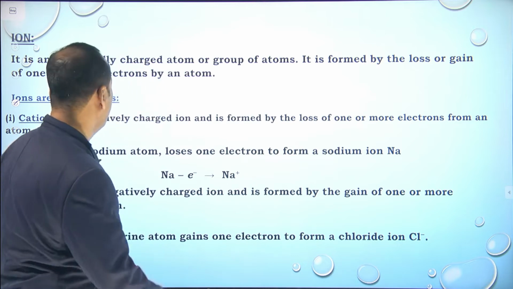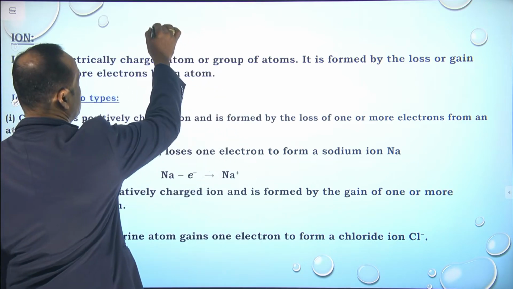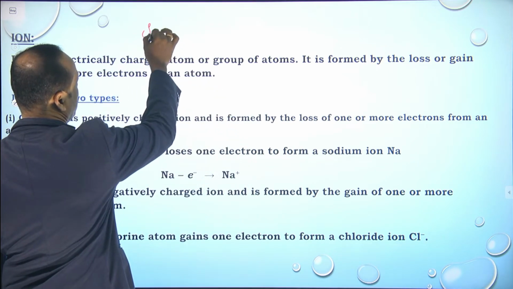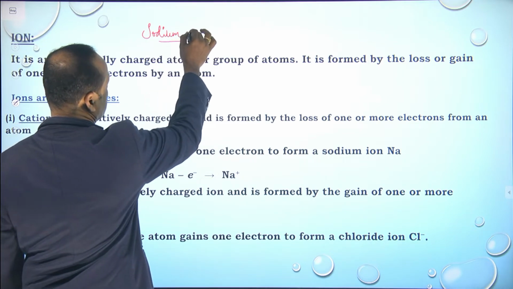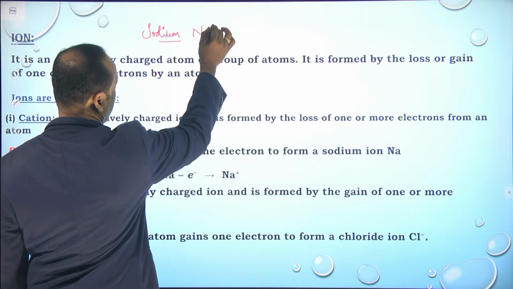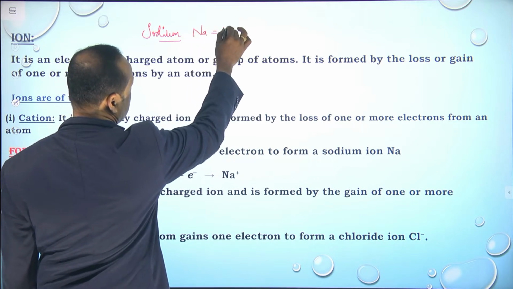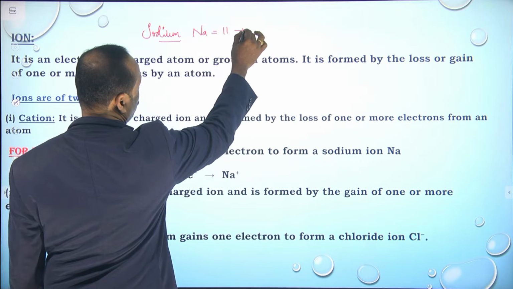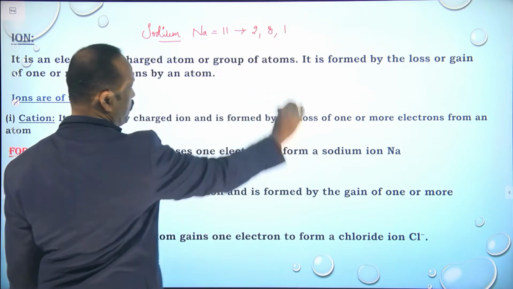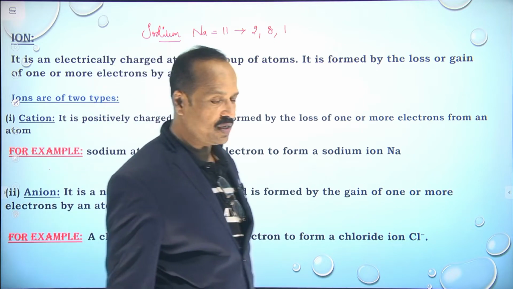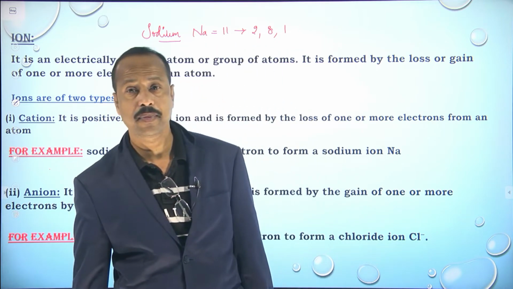Okay, so for example, you see here sodium. Here I am writing sodium. Its symbol is Na. Its atomic number is 11. So the electronic configuration is 2, 8, 1. Do you know the electronic configuration, or did we discuss it?